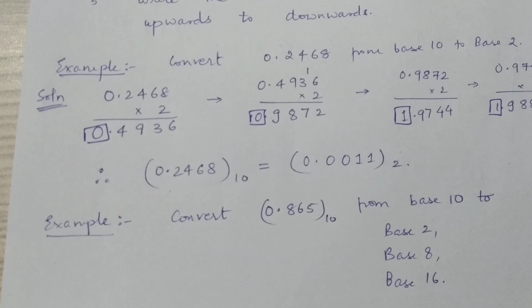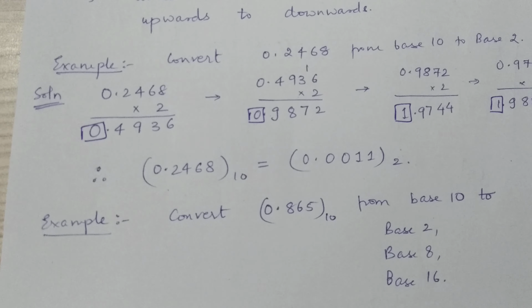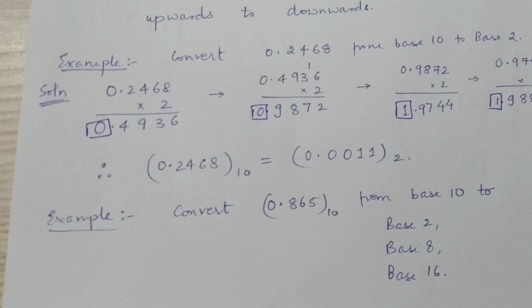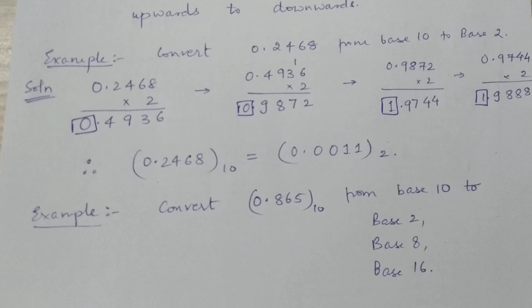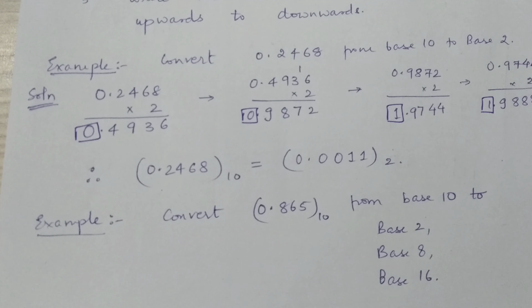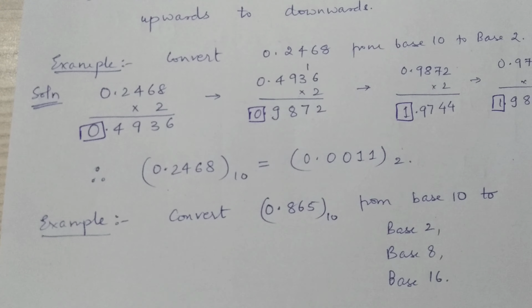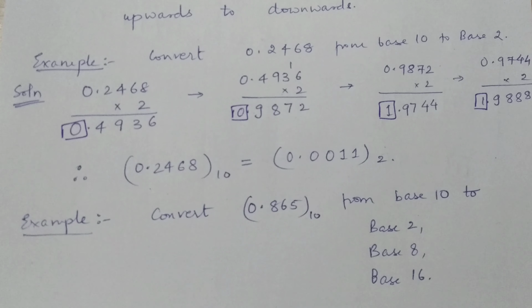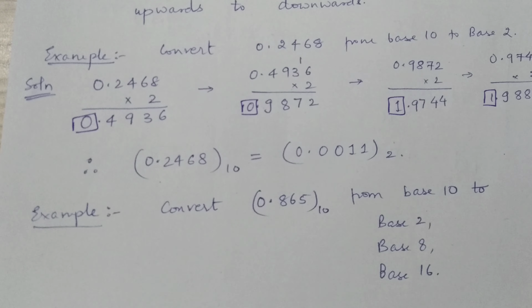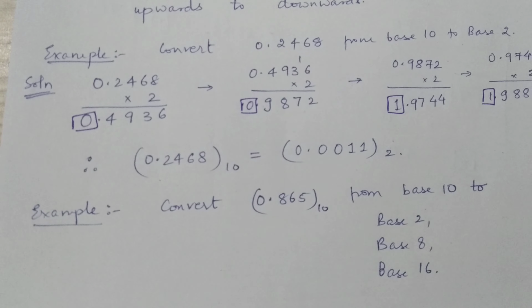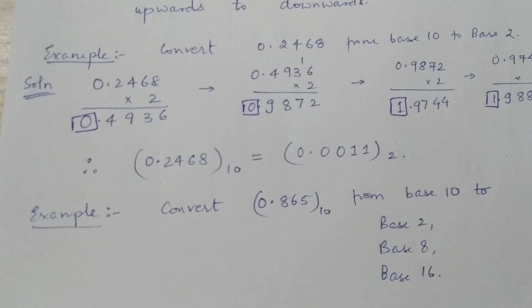Now the ones which I marked in blocks or covered boxes, that is the non-fractional part. The fractional part I take in the next step, carry forward and again multiply by the 2 base. Again keep the non-fractional part, take the fractional part, multiply by 2 base, get the answer, that is 1.9744. Keep the non-fractional part, take the fractional part, again multiply by 2.